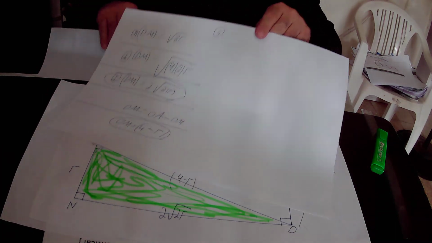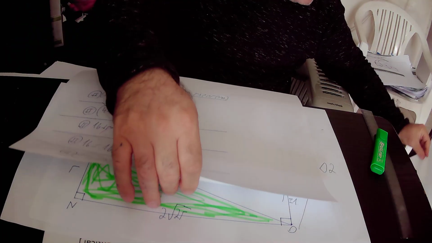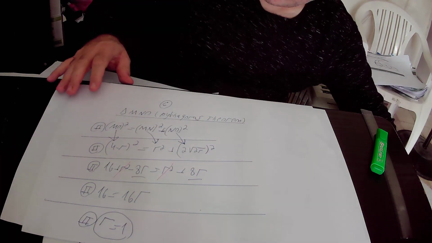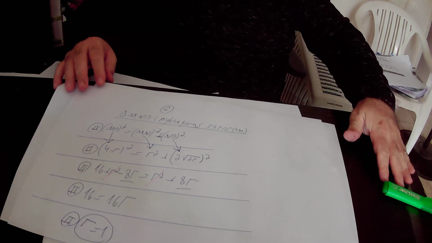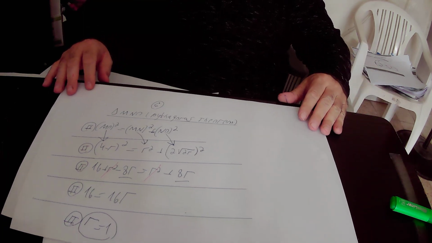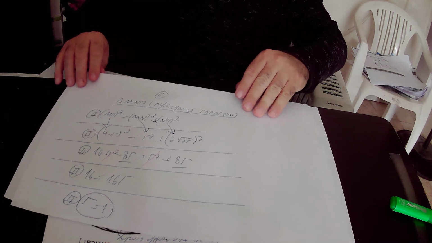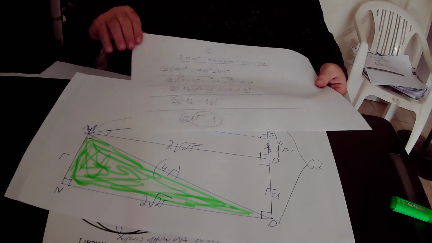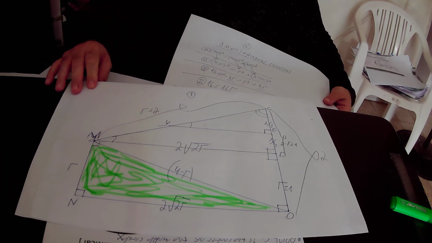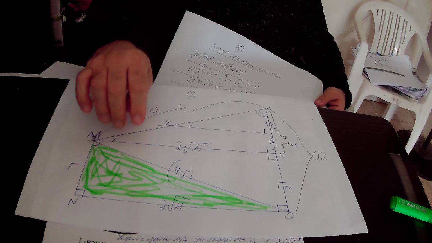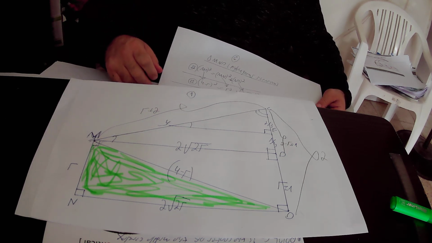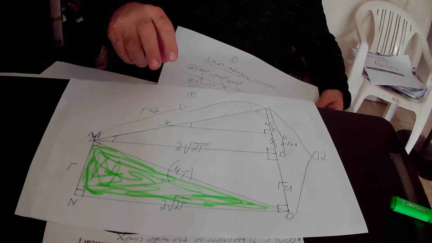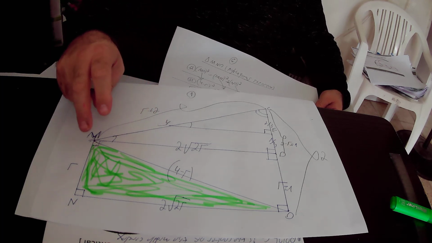Then we focused on the right triangle MNO. In the right triangle MNO, the green right triangle, the square of the hypotenuse equals the sum of the squares of the perpendiculars according to the Pythagoras theorem.